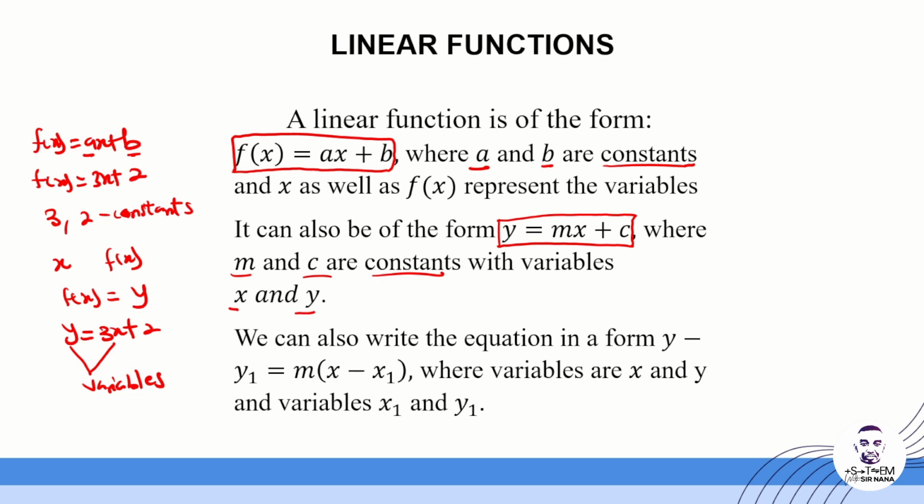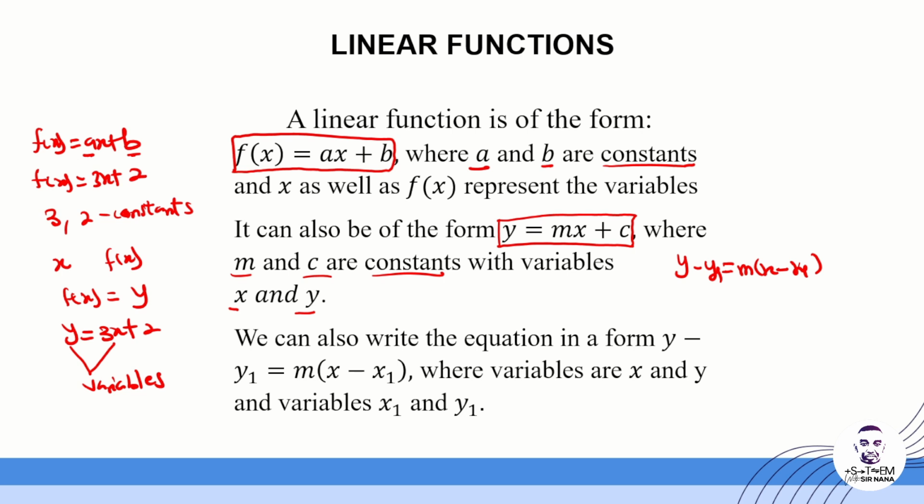We can also write the equation form of a linear equation, which would be y minus y1 is equal to m times x minus x1. In this case, the variables are x and y, and then we also have x1 and y1.